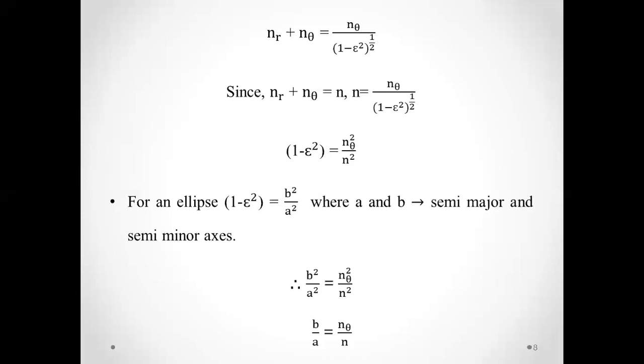Now, comparing the two equations, we can show that b squared divided by a square is equal to n theta square divided by n square, or b by a is equal to n theta divided by n.